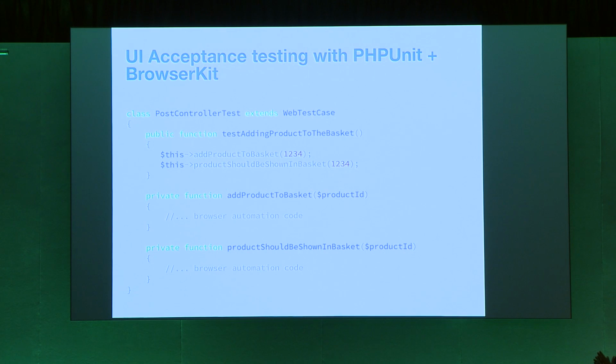So this is what I would do if I had to use PHPUnit for this. There's no sort of natural tool for it, but the technique you can use is to try and extract the automation bits. So that messy URL-specific code, the messy text-specific code, I'd extract it into private methods. And then in the test case, I'd just be calling those private methods.